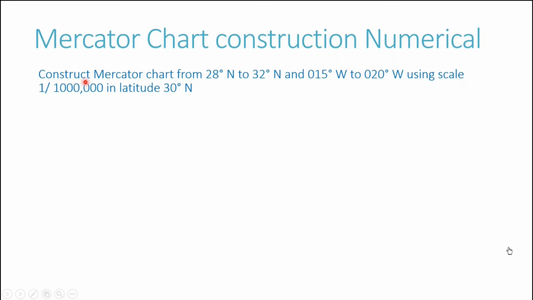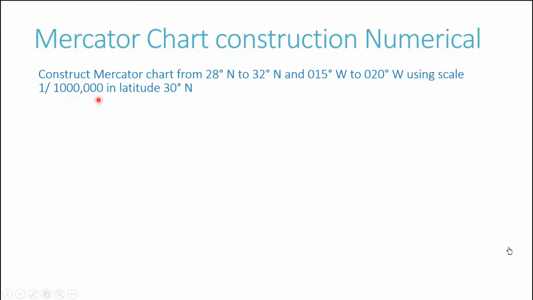The question says, construct a Mercator chart from 28 degrees north to 32 degrees north and 015 degrees west to 020 degrees west using a scale of 1:1000 in latitude 30 degrees north. So we are required to construct a Mercator chart for this particular area defined by these coordinates. They have given us the scale of the chart.